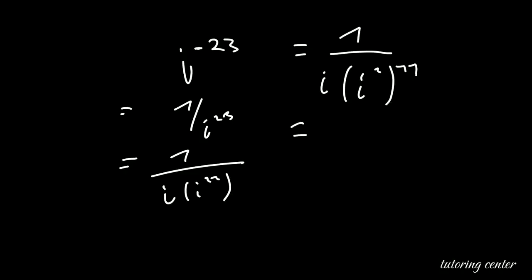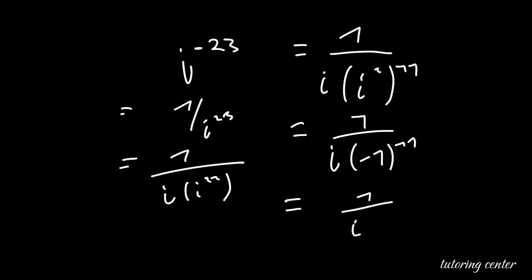We proceed. So we have 1 over i times (-1). i squared is -1 to the power 11, and -1 to an odd power, as we have been saying, is -1. So we have 1 over i times -1, which is equal to -1 over i.